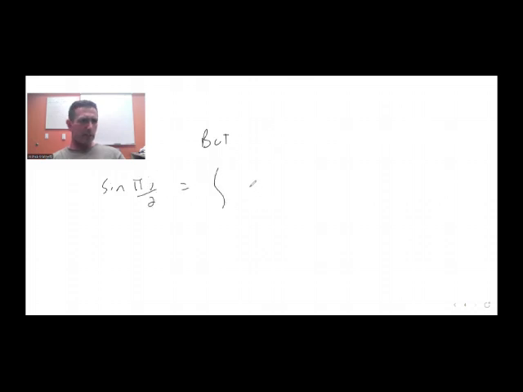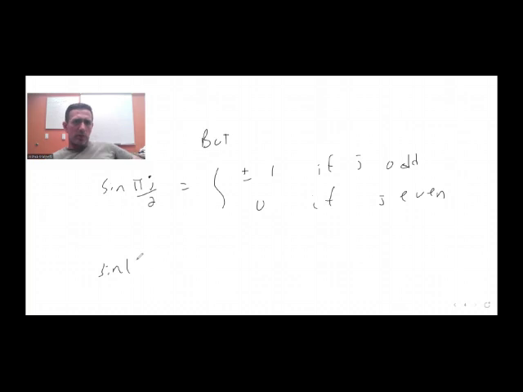So this obviously equals plus or minus 1 if j is odd, 0 if j is even. If j is 2, it's sine pi. If j is 4, it's sine 2 pi, etc. If j is 1, sine pi over 2 is 1. If j is 3, sine 3 pi over 2 is minus 1. So it's plus or minus 1 if j is odd, 0 if j is even.